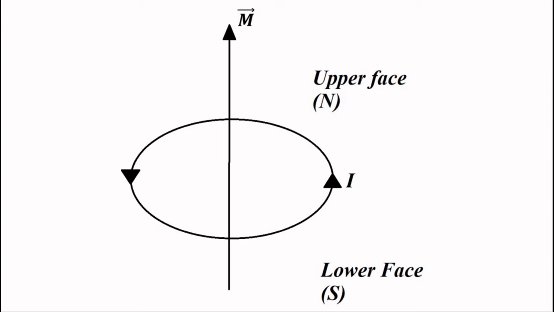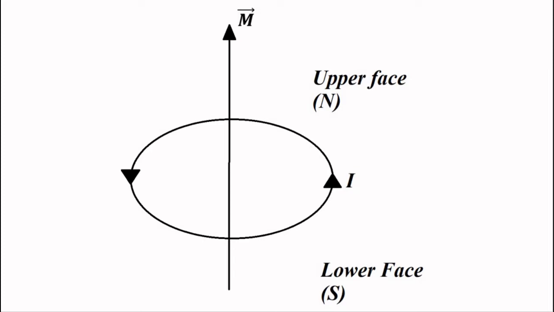When we see the top face, from the top side, the current appears to be moving in anti-clockwise direction. That's why it acquires north pole. When we look from the bottom, it appears as if the current is moving in clockwise direction. That's why it acquires south pole.